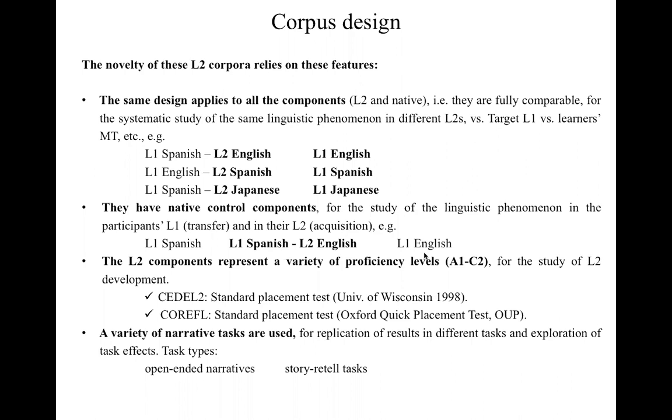We use a proficiency test, a placement test, when we collect the data for the three corpora. Another novelty is that we use a variety of narrative tasks when we collect the data. We do so that we can replicate our results. So the results obtained in one particular task can be replicated by analyzing data produced on a different task, and then we can see if there are any task effects in our results.